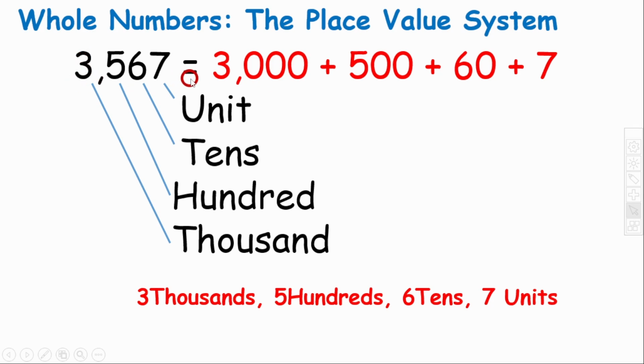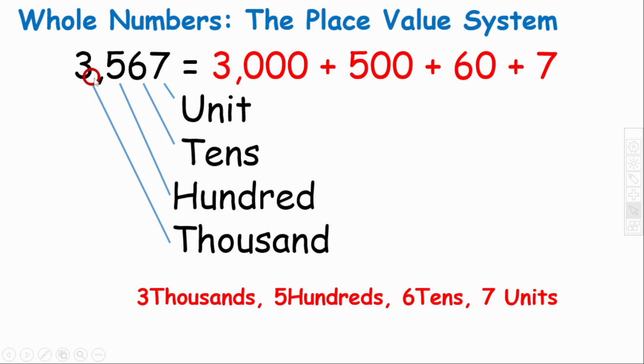Just write 3, then you make the remaining digits 0. That's 3,000. Plus, now you pick 5 and make the last 2 digits 0. That's 500. Plus, we now pick 6 and make the last digit 0. That's 60. Plus, you now pick 7 as the final figure.